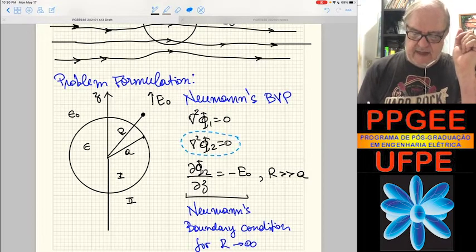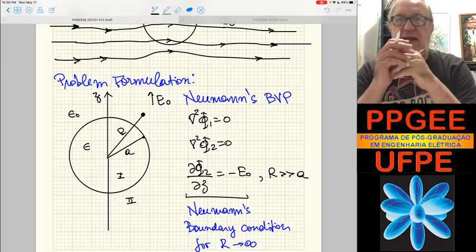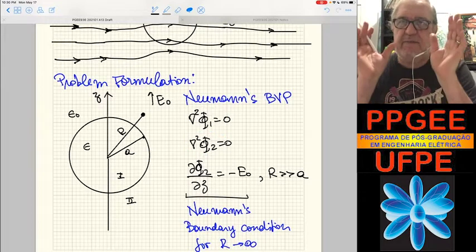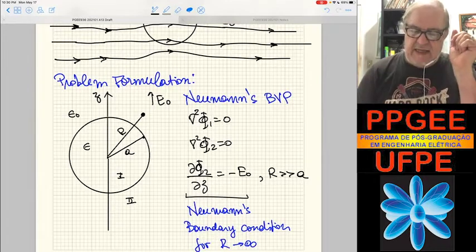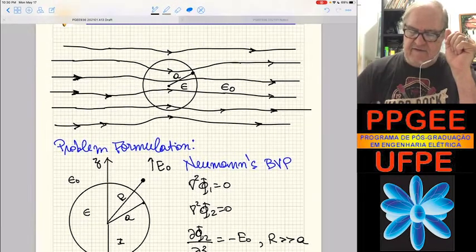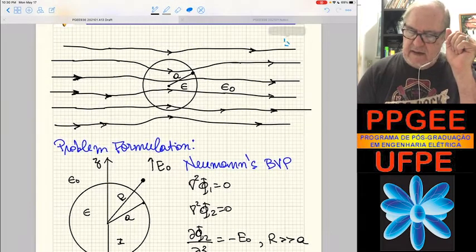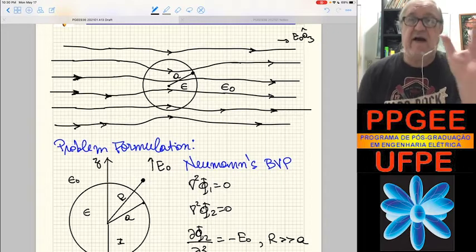Like this. And we have a boundary value at infinity. The potential doesn't vanish in this example. The potential has to be such that the field is constant far away from the sphere.